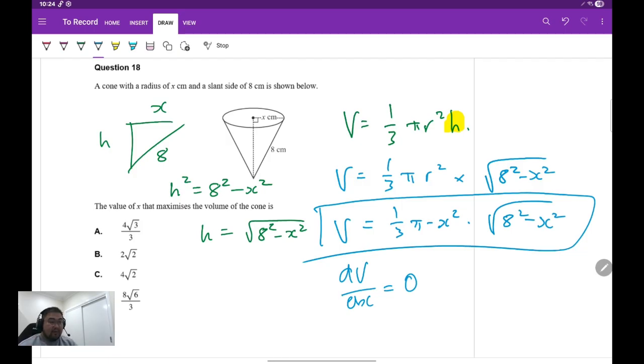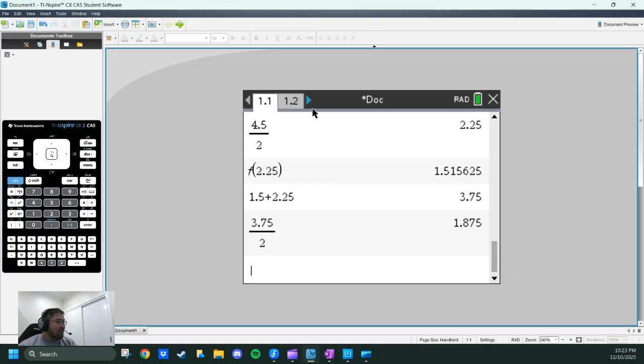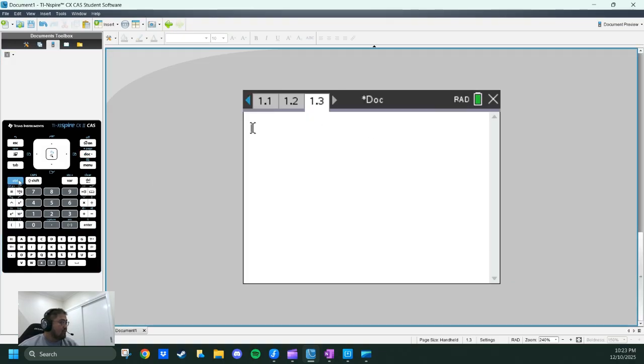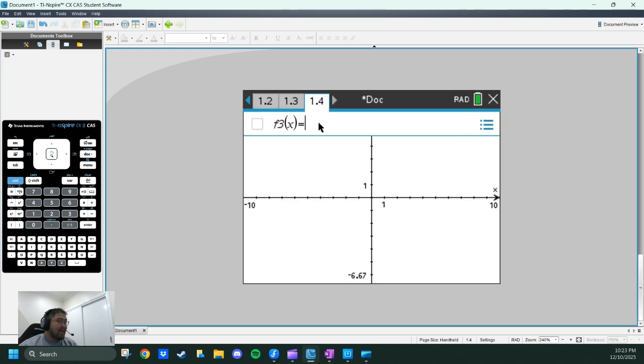In this case, we've got to be careful though. In fact, there's two ways to do this. You could probably solve using calculus. I would actually suggest, to save yourself a bit of time, because what I'm trying to say is that when you solve this on the CAS, you still have to determine if that point is a maximum or minimum. You just got to be careful here. I'm going to suggest we graph this.